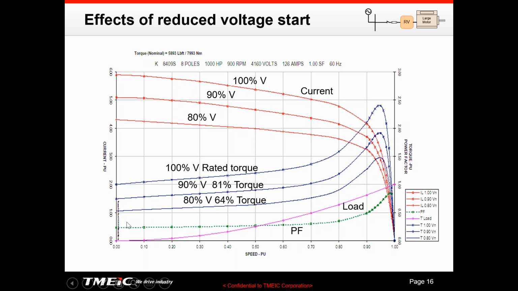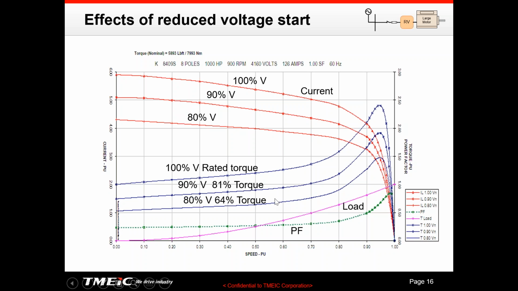If you want to start the motor at 70% reduced voltage here, you only get 49% torque, right? This is the current, this is the torque. It's 0.7 times 0.7, which is 49. So that's really close to this load data, which means the motor will not start without interruptions.